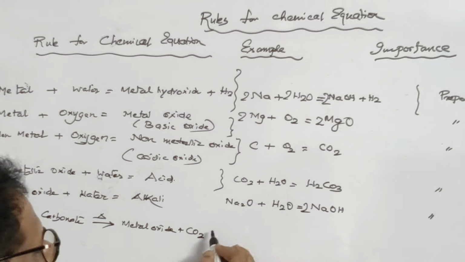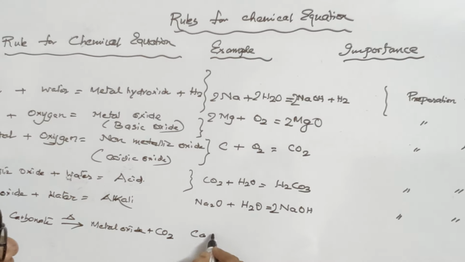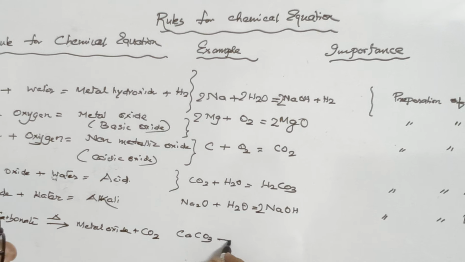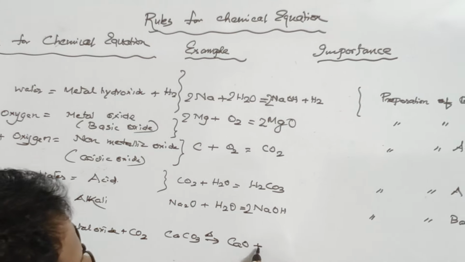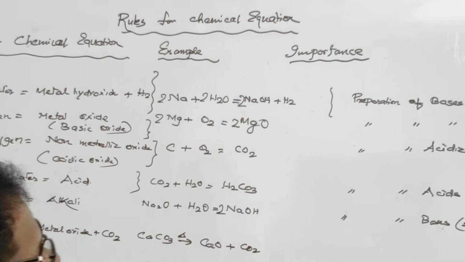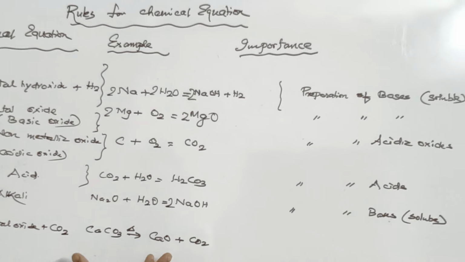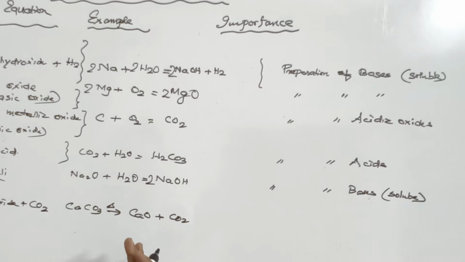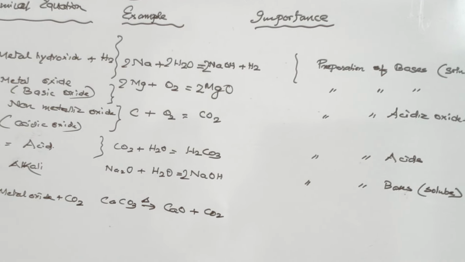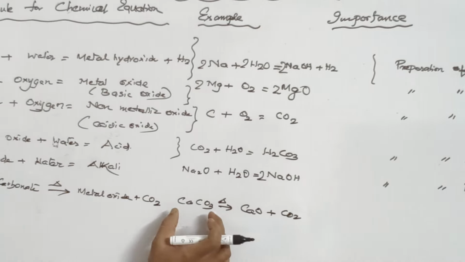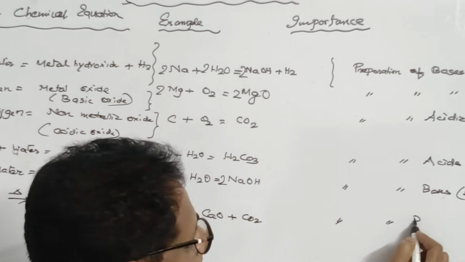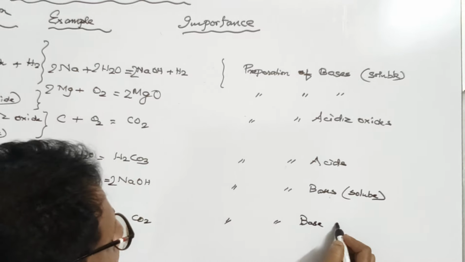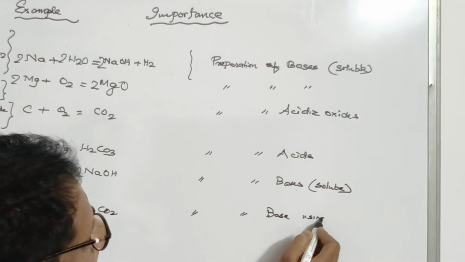Now for example, if you heat calcium carbonate, it forms calcium oxide plus carbon dioxide, okay. Now this reaction, the importance of this reaction could be analyzed with this fact that you can prepare a base from a carbonate. So it is the preparation of a base, okay, using a salt.